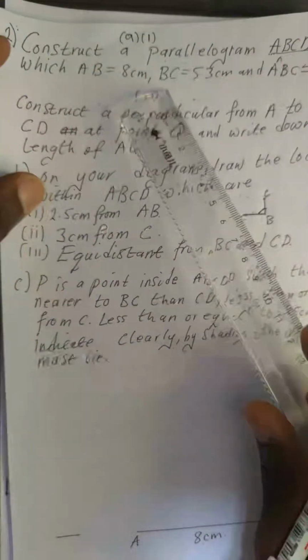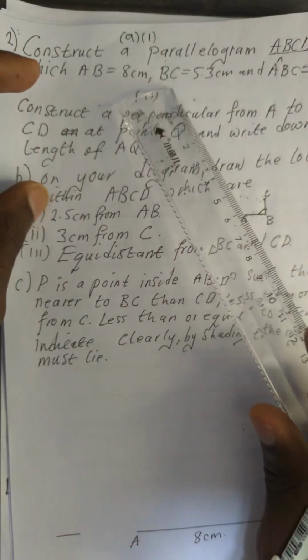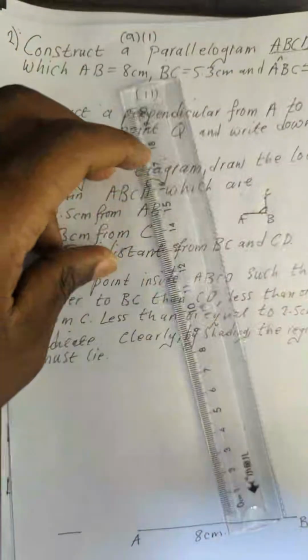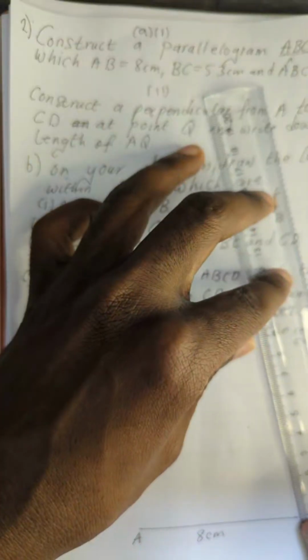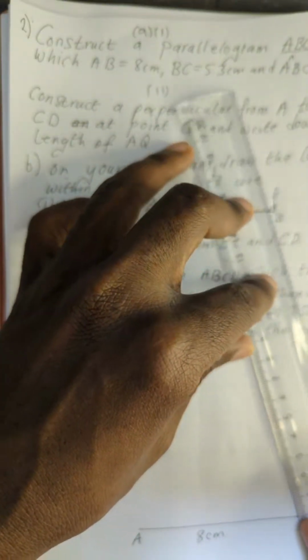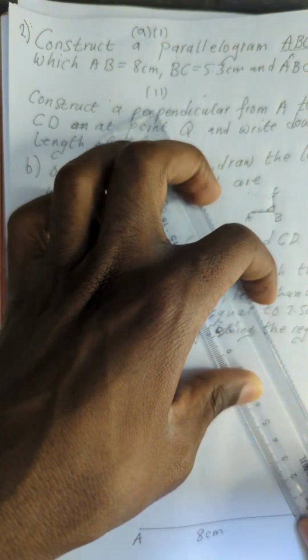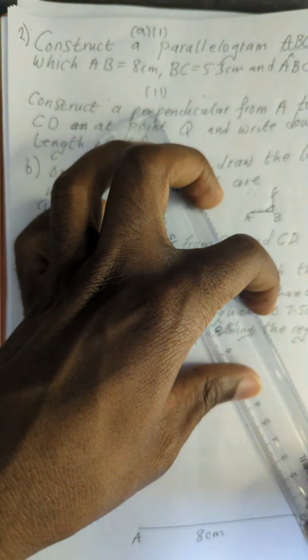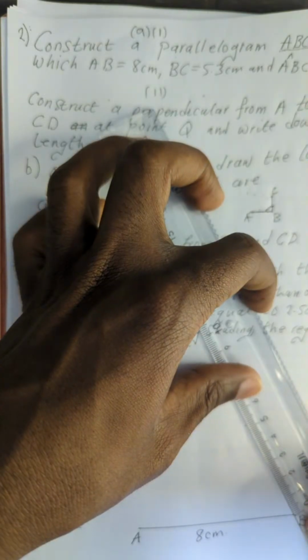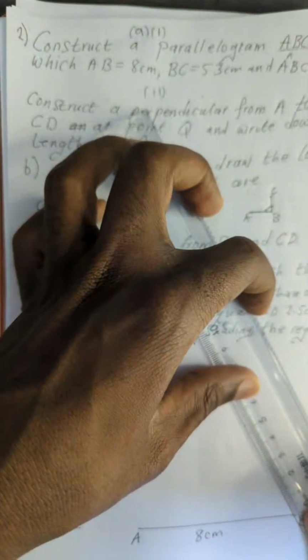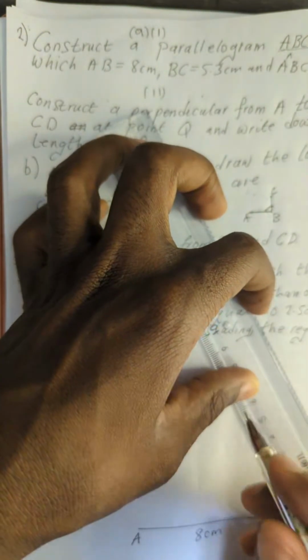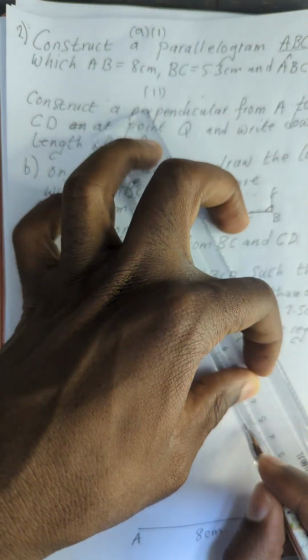Okay. So now they said BC from B to C is 5.3. So we get our meter rule. So we put it such that when we do a line, it should pass through B and this point which we have marked, which is 60 degrees.